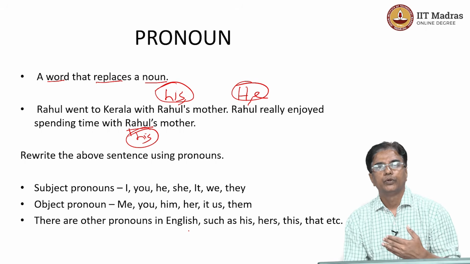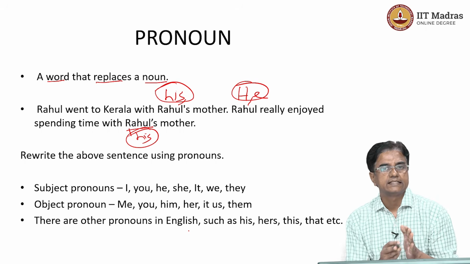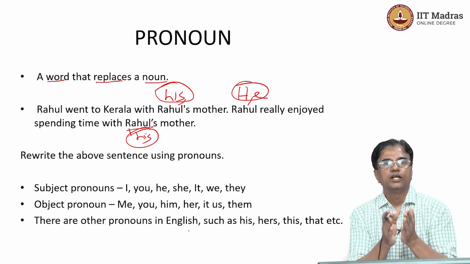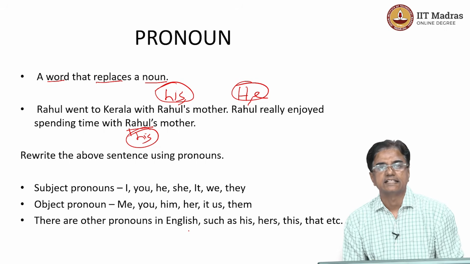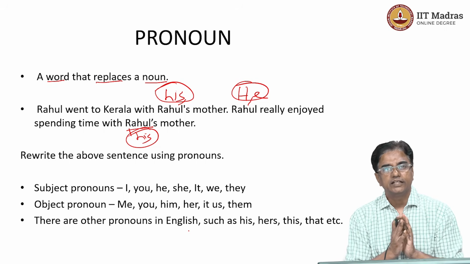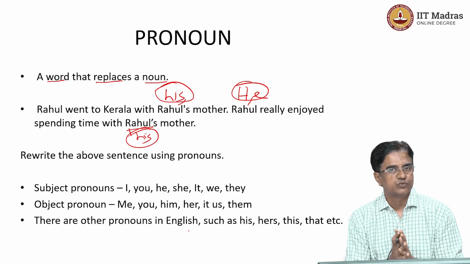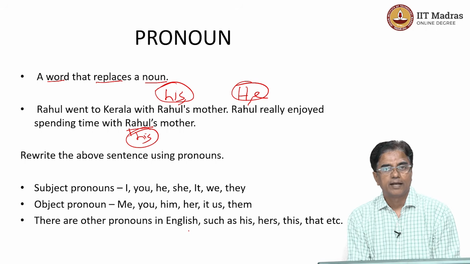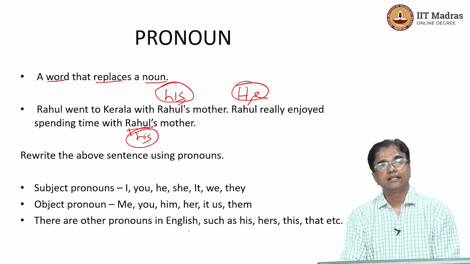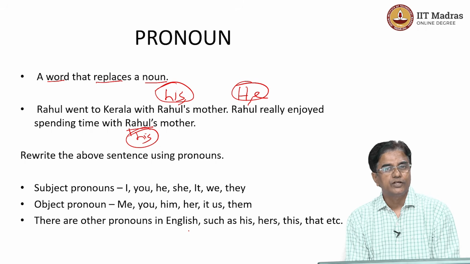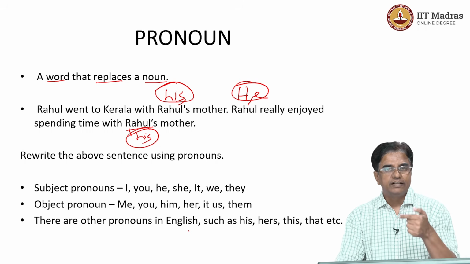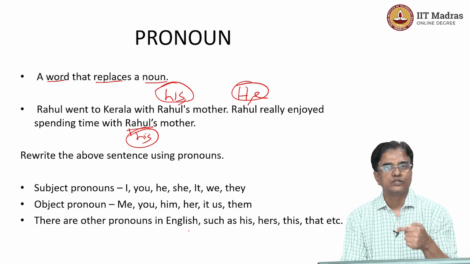You will come to know about them and their categories as we look at more details of the sentences. But for today, the important part for us to underline is a pronoun is a word that can replace a noun in a sentence. It's an important thing to learn because without pronouns, sentences look odd.